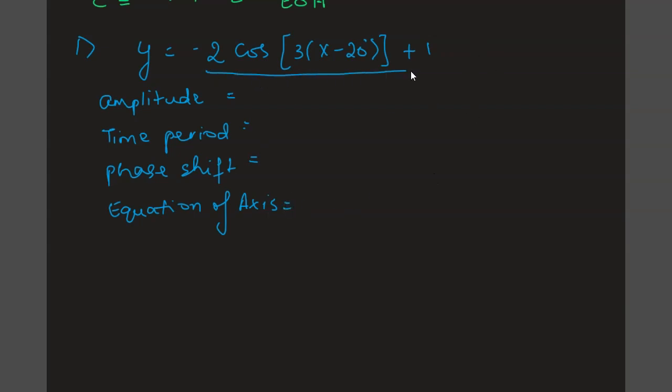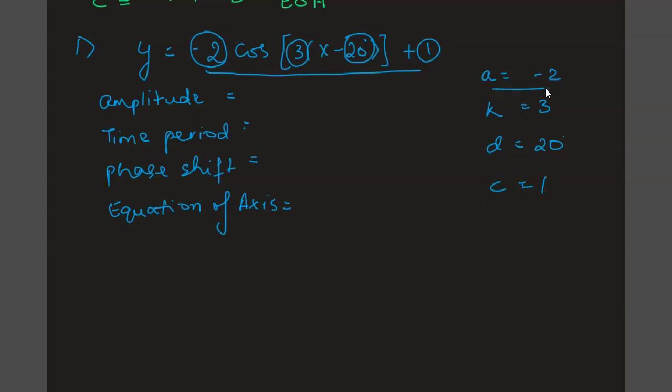Whenever you're given an equation, you always write down your a, k, d separately. So your a is -2, k is 3, d is 20 degrees, and c is 1.